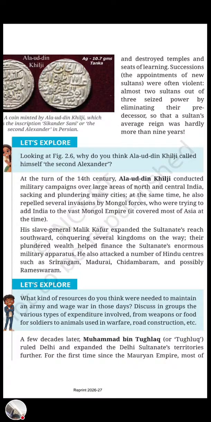As Alexander achieved great things in the whole world, he said he had done everything for India, and because of his reach and big military campaigns, the people became very rich and prosperous. He thought that, and that's why he gave himself the name second Alexander.